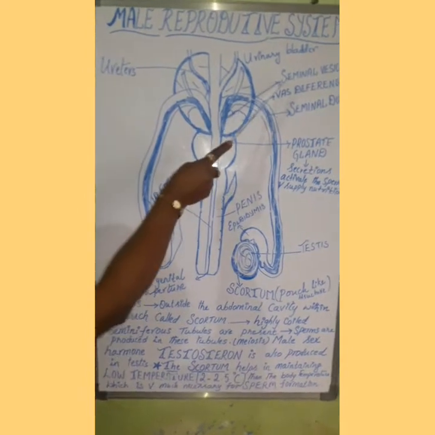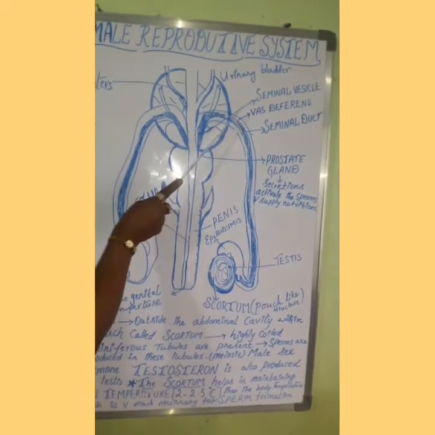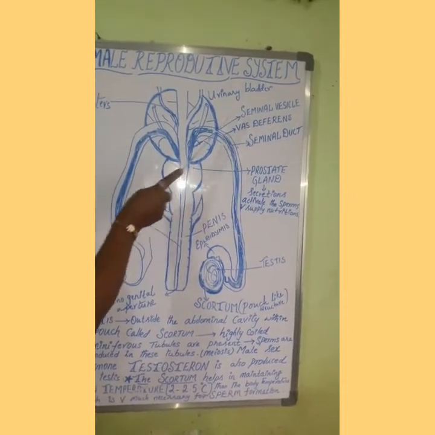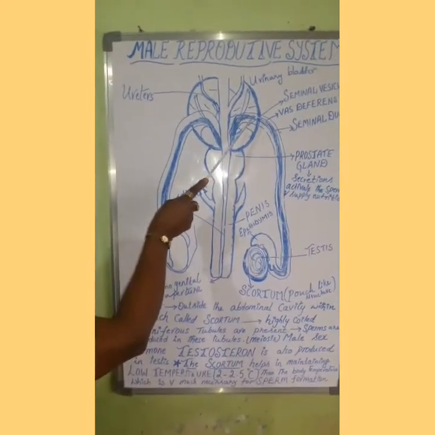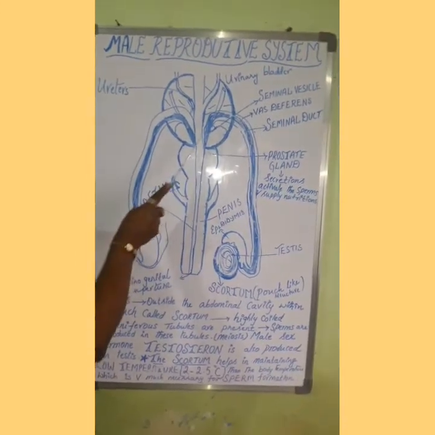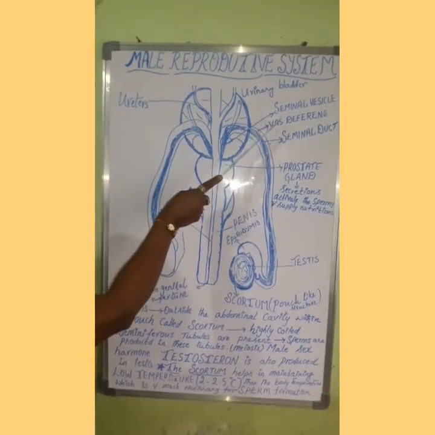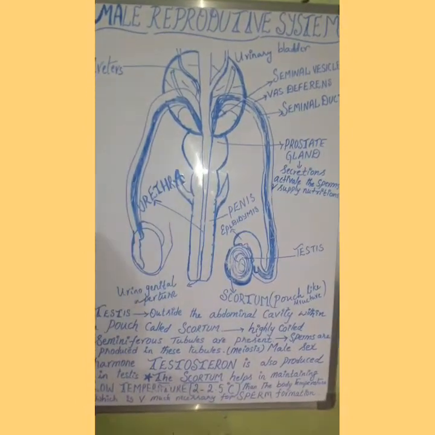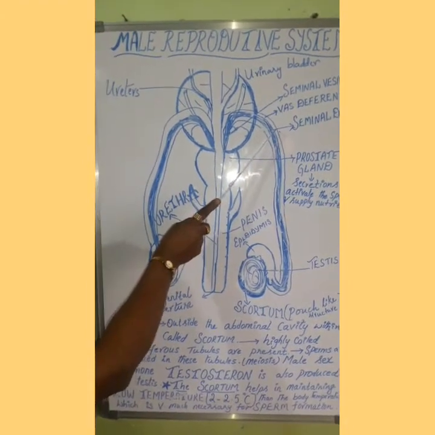This region is called the seminal vesicle. The seminal vesicle opens into the vas deferens. This is called the seminal duct.